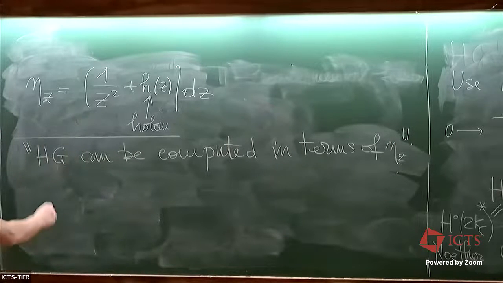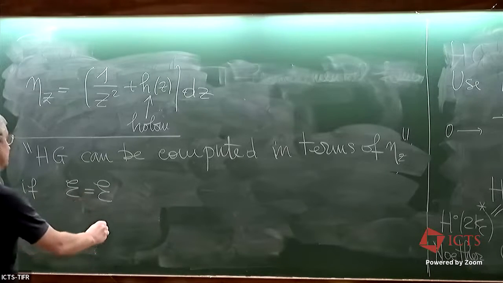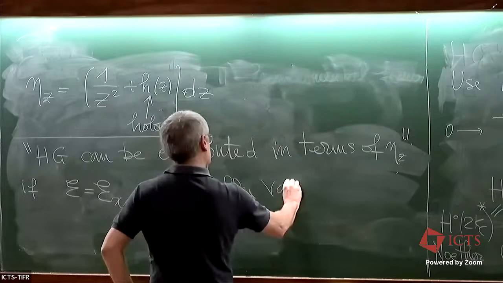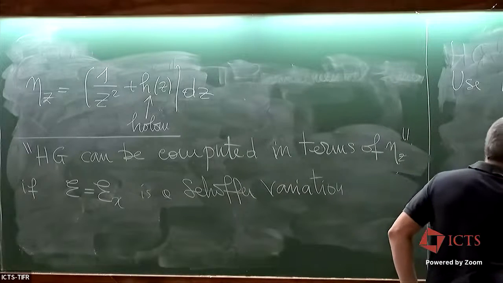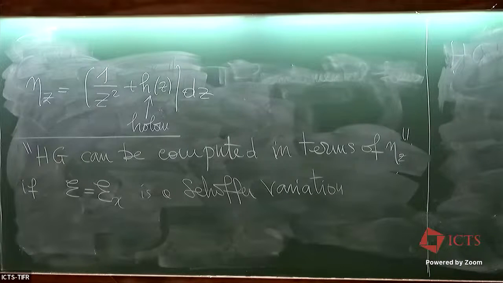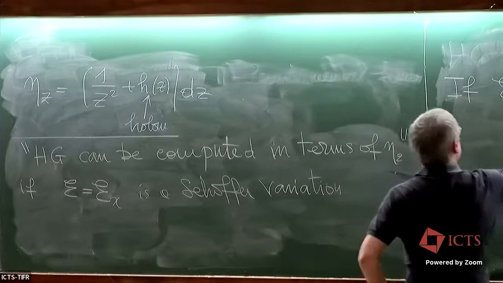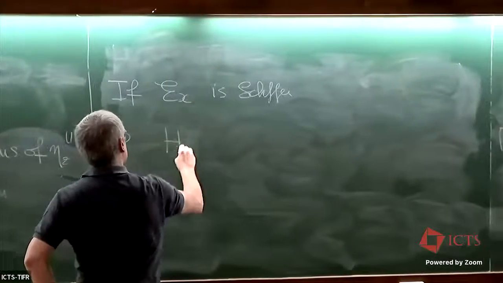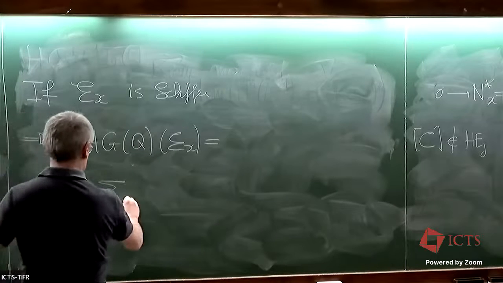Actually, in this sense, if the vector is a Schiffer variation, then Hg u z x has an expression like this.